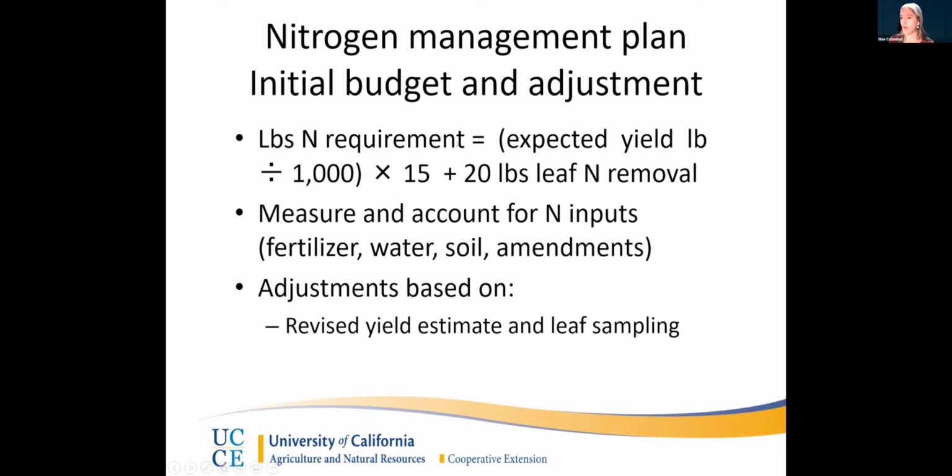So we are accounting for that in the calculation. We need to measure and account for all of your nitrogen inputs, so that includes your water. We can also look at the soil and other amendments, and then during the season we can adjust the management plan based on revisions in your yield estimate and predictive leaf sampling.